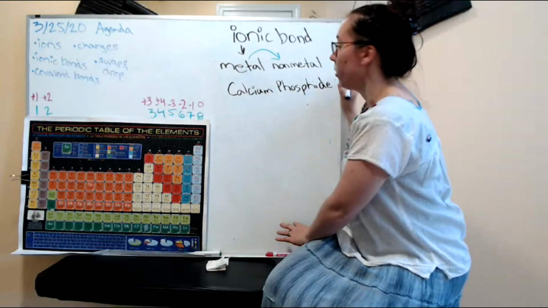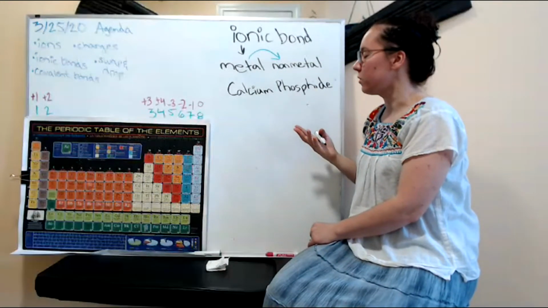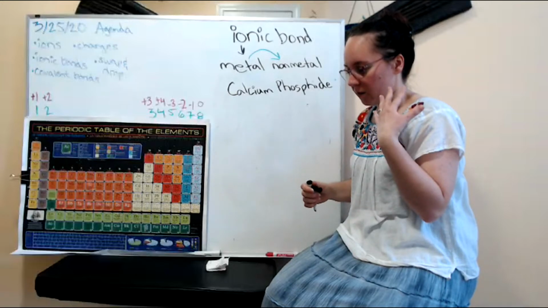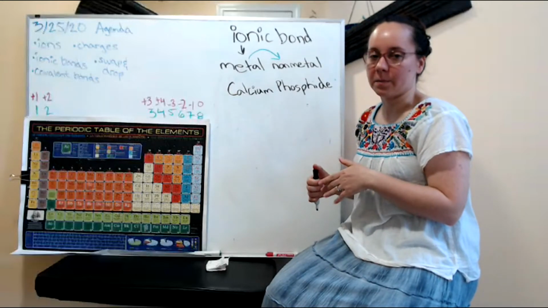And eventually we will get into naming, but for now I just want to start showing you what the name looks like so you can start seeing in your head what the name looks like, at least for ionic bonds.